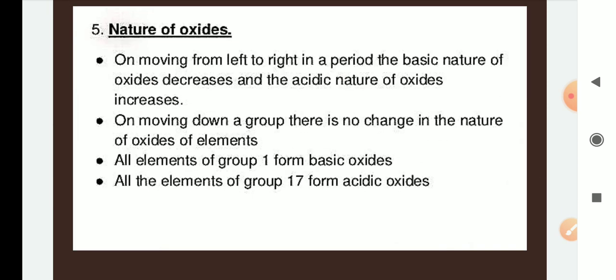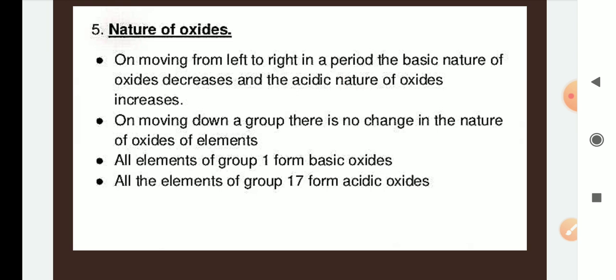Electronegativity means the tendency of an element to attract the shared pair of electrons towards it in a covalently bonded molecule. It increases with the increase of nuclear charge and decreases with increase in atomic size.